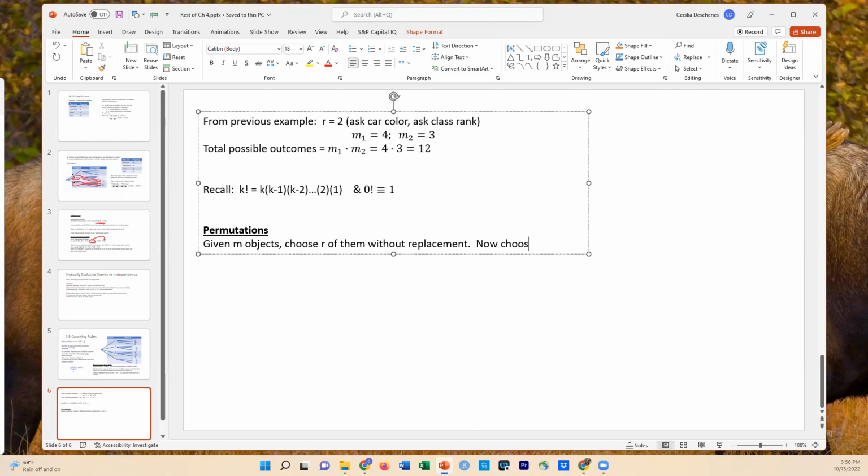Each unique set of R objects where order matters is a permutation.